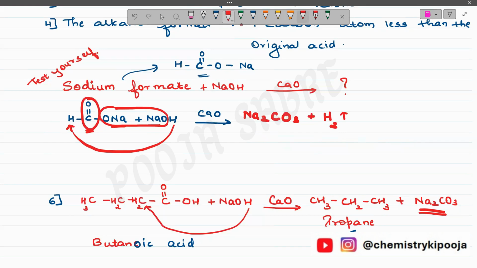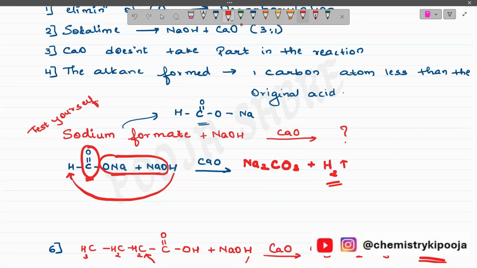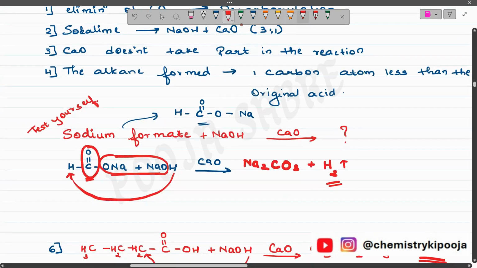So when I'm using sodium formate, in this process there is a loss of carbon dioxide. So this is a decarboxylation in the presence of soda lime. We are getting hydrogen gas. Clear? As I said, the trick which I had shared is that in the product we get one carbon less than the original acid.